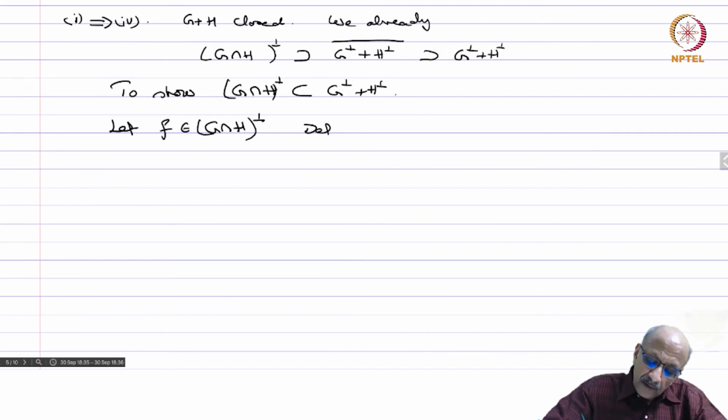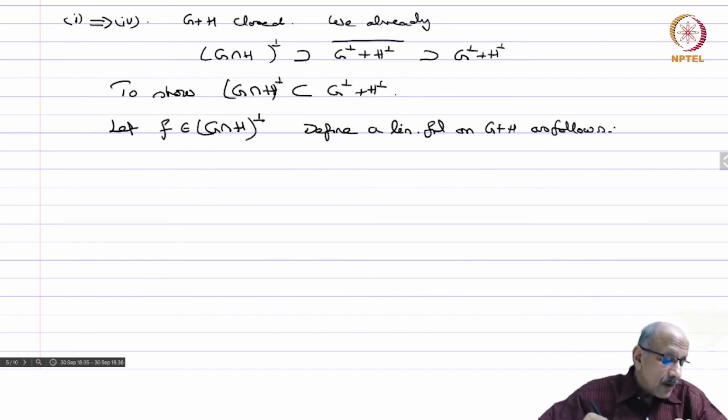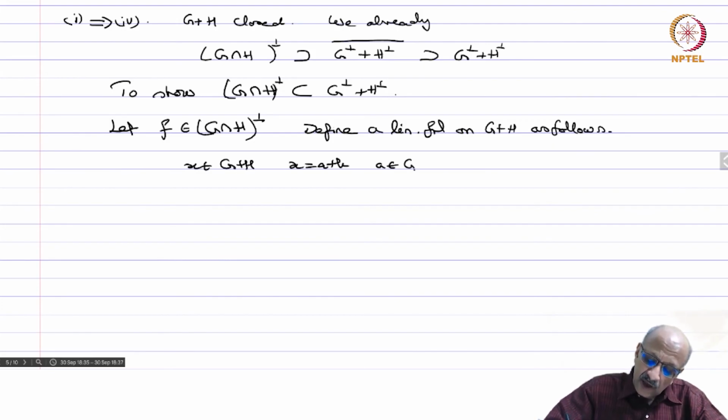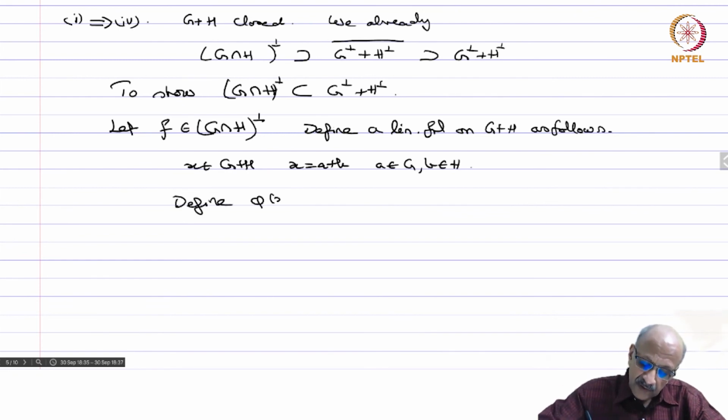So define a linear functional on G plus H as follows. x belongs to G plus H, so x can be written as a plus b, a in G, b in H. Define phi of x equals f of a.